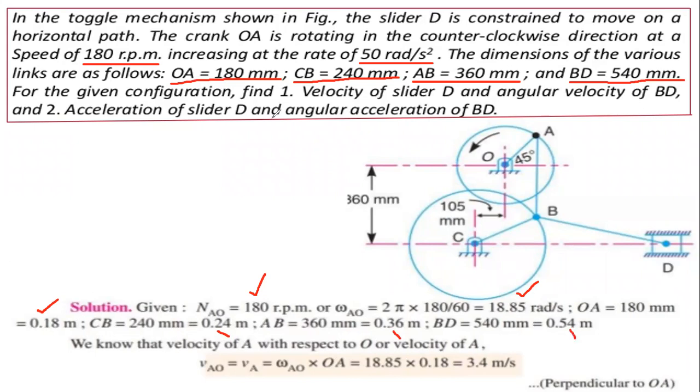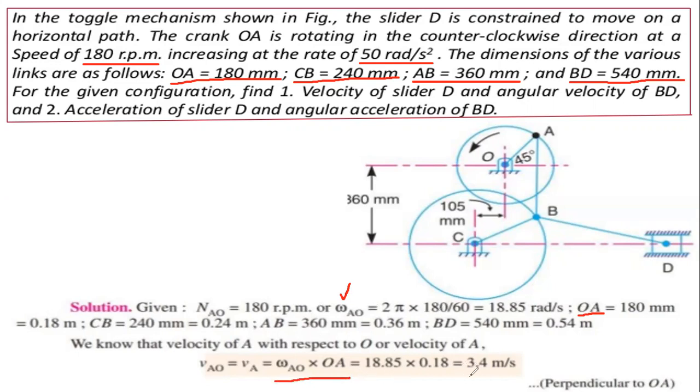Then we need to find first the velocity of the crank, that is the velocity of A with respect to O, the velocity of the crank link A. We know that velocity of AO is equal to omega of AO, the angular velocity of AO, into OA, the link length.